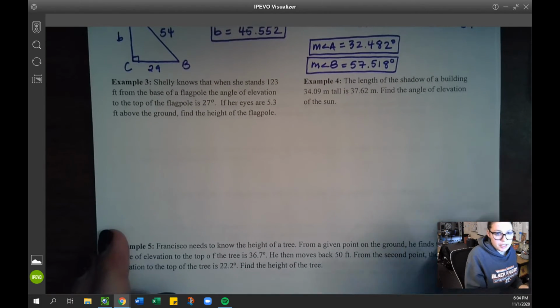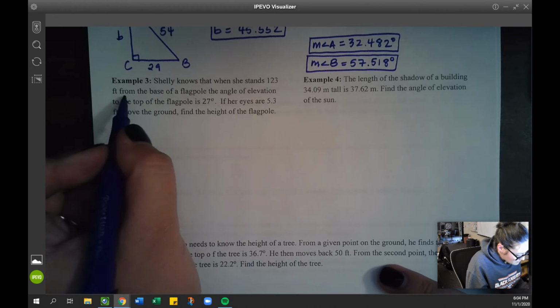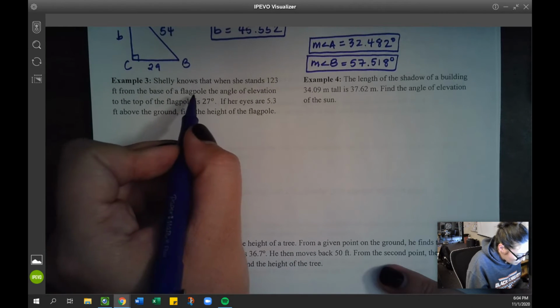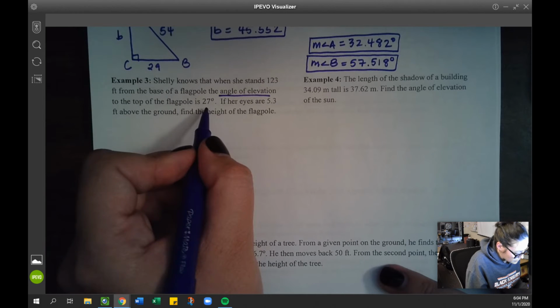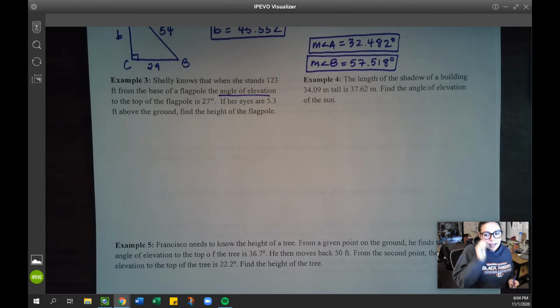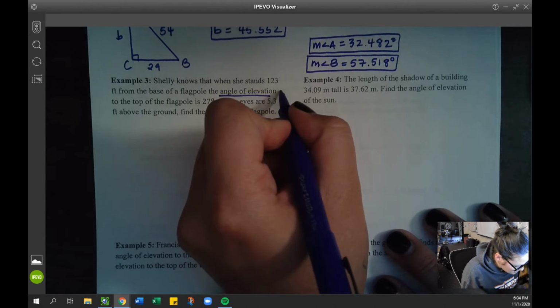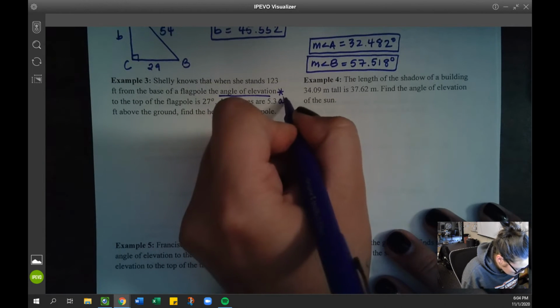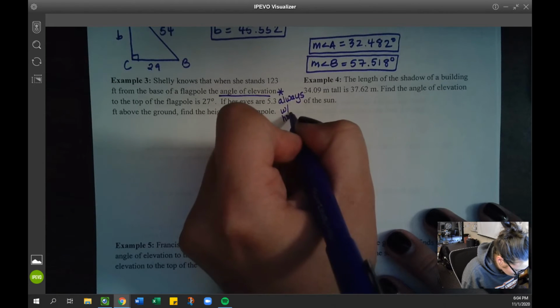All right, couple more examples here. Shelley knows that when she stands 123 feet from the base of a flagpole, the angle of elevation to the top of the flagpole is 27 degrees. Okay, angle of elevation or depression is always with the horizontal.